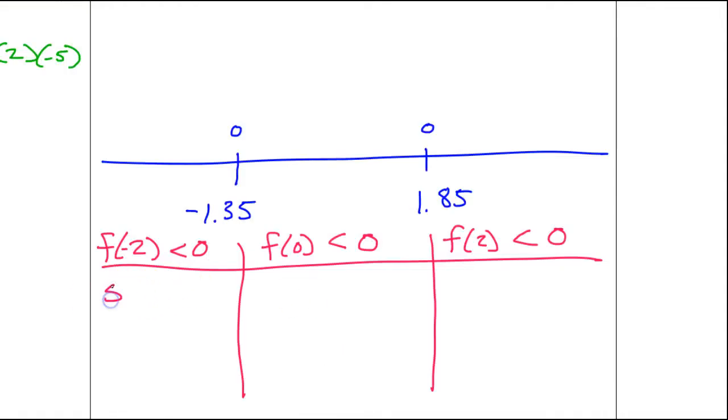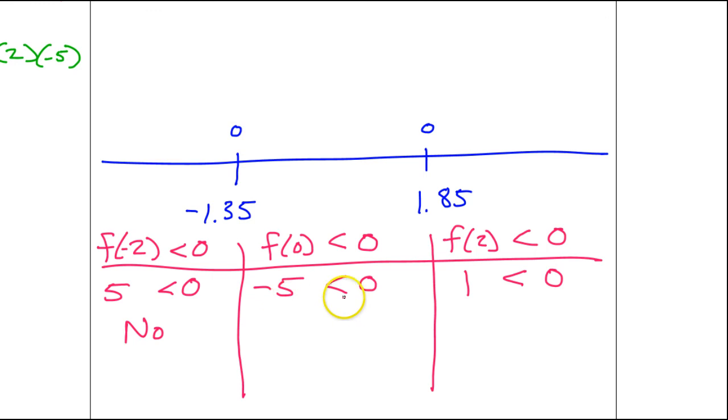And again, in each case, I'm asking myself, is this less than 0? Because that's what it takes to be a solution. Well, is 5 less than 0? No, silly. 5 is not less than 0. That means -2 is not a solution, which means there are no solutions in this interval. So leave it empty.